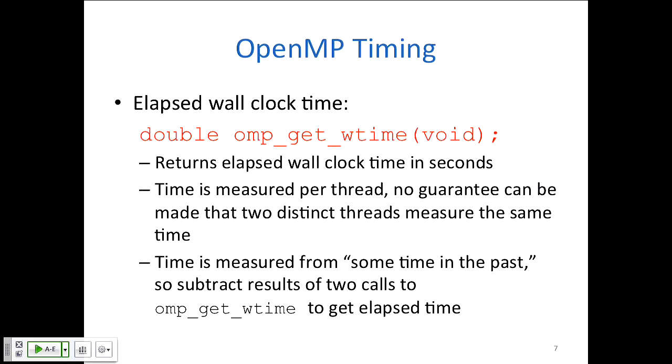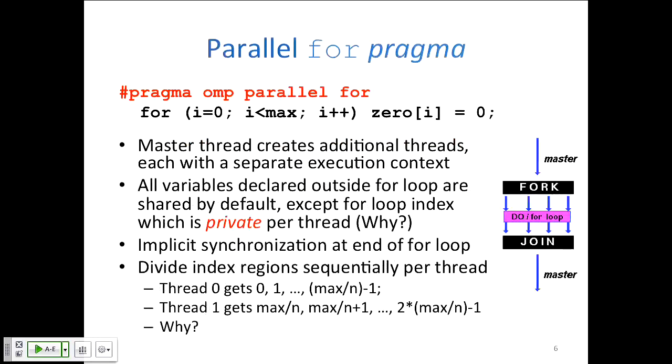Yep, question? So if you have n threads, I got this wrong. This is right. Max is the number of iterations.